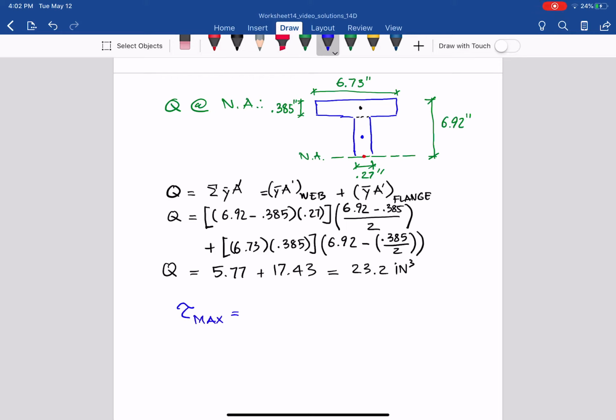And at the neutral axis, as you can see, we get the maximum transverse shear stress. So we get the critical point, 40 kips, VQ over It.